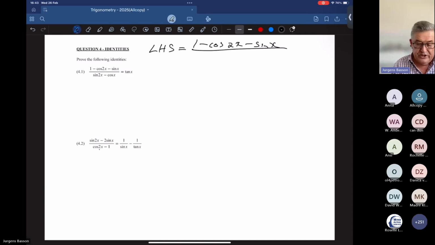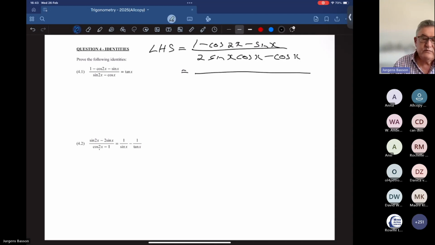I first want to change everything else. Sine of 2x gives me 2 sine x cos x minus the cos x. And if I look at this denominator, I notice that there's a common factor of cos x, and it leaves me with 2 sine x minus 1.